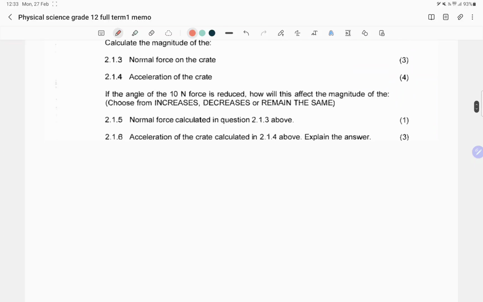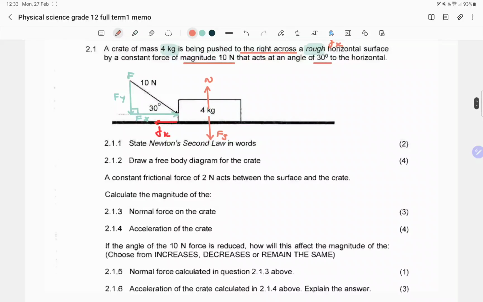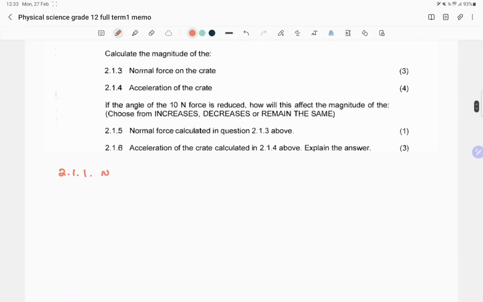Okay, so we've got 2.1.1. We want Newton's second law.